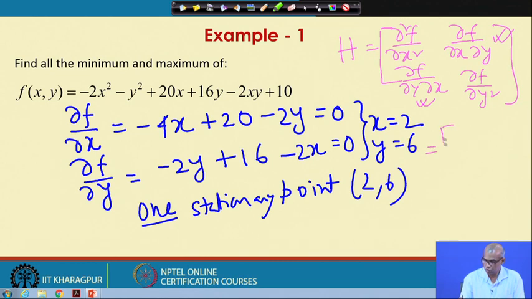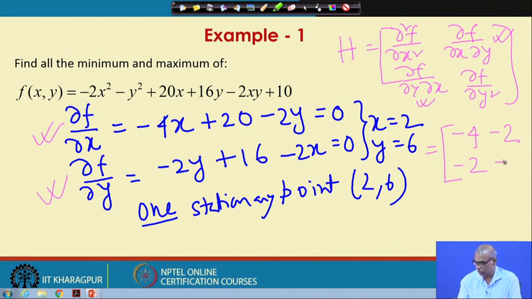So, if you find out these quantities, del square f del x square, you can find it from here and this happens to be minus 4. Similarly, del f del x del y will be minus 2. So, this will also be minus 2 and del square f del y square can be found out from here, which is minus 2.